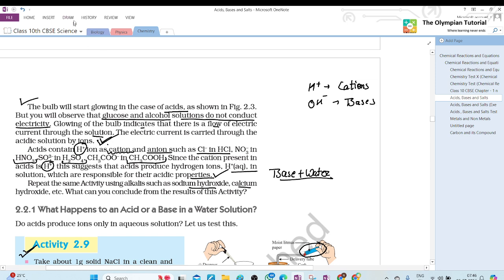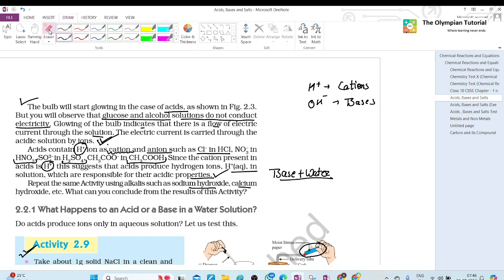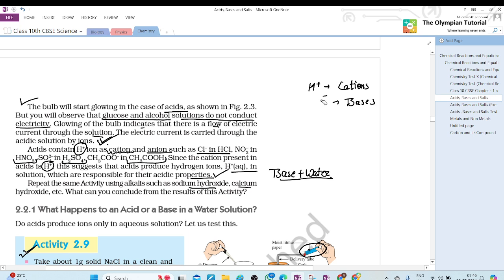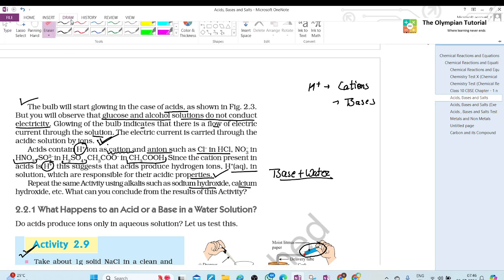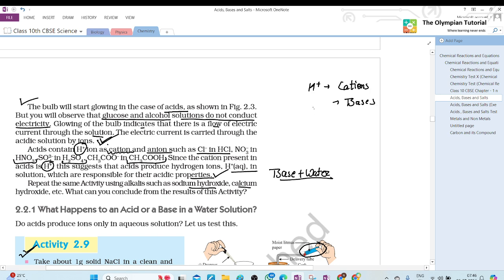Not OH minus, by mistake I have written OH. We are discussing acids. In HCl, H is the cation, and which one is the anion? Cl minus. H plus cation, Cl minus in HCl, NO3 minus in HNO3.